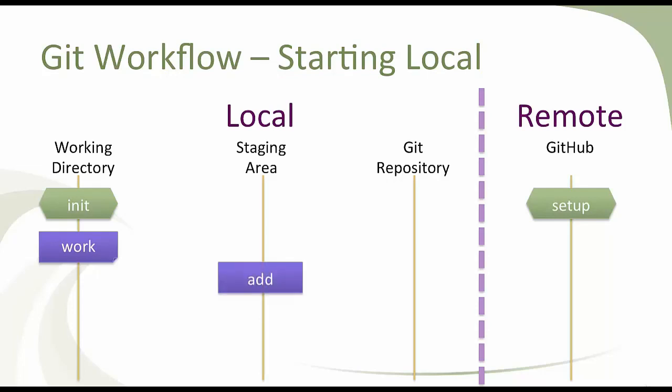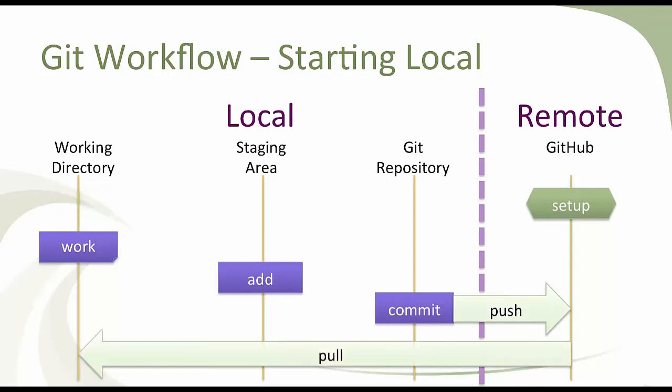Then we're going to stage our changes using the git add command. And then we're going to commit our changes that are in the staging area using commit. Once we're ready to collaborate with others, we'll push our changes up to our remote repository on GitHub. And to see the benefit of everyone else's contributions, we'll do a pull to pull in all our changes back to our local Git repository.